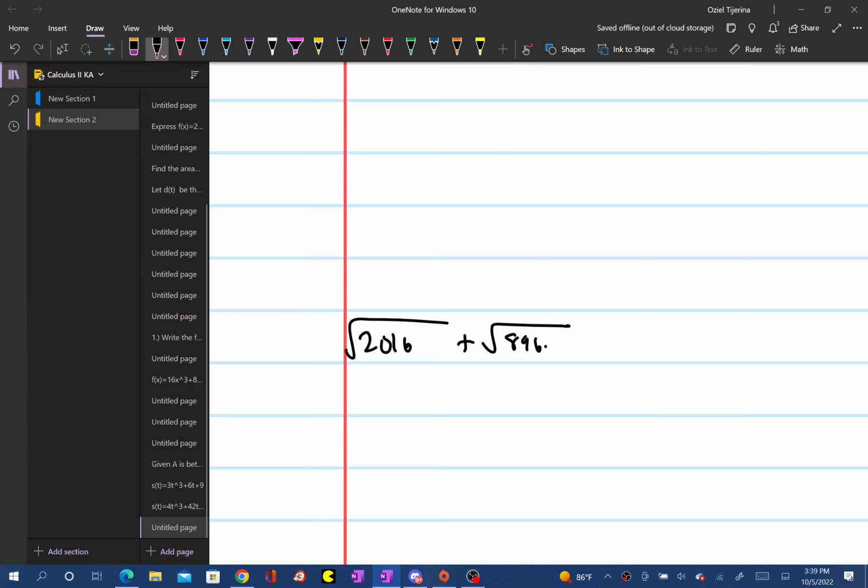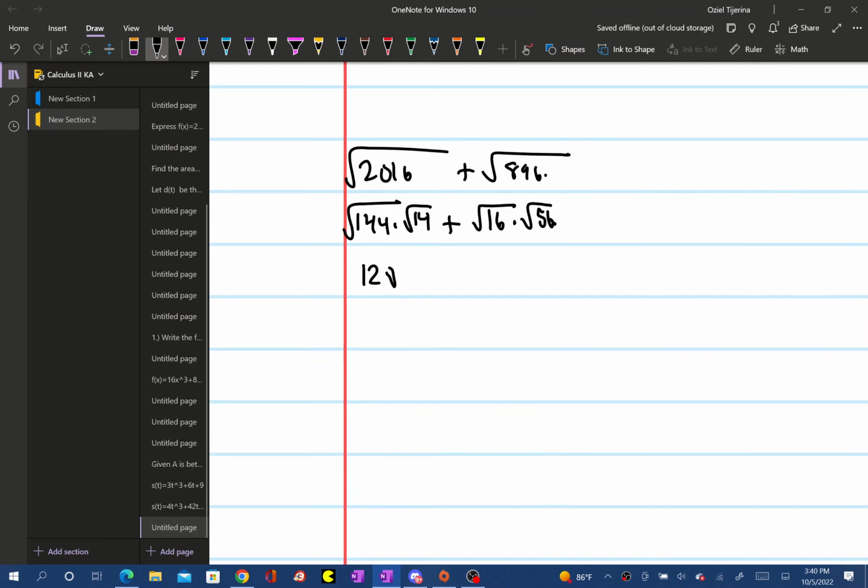This is the square root of 144 times the square root of 14, plus the square root of 896. You can do 896 divided by 16, so we can say the square root of 16 times the square root of 56.